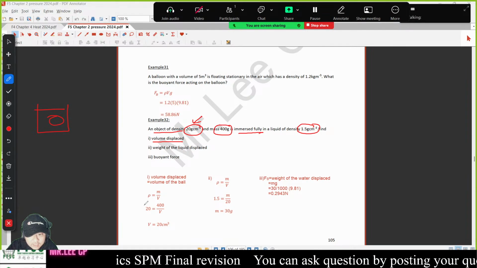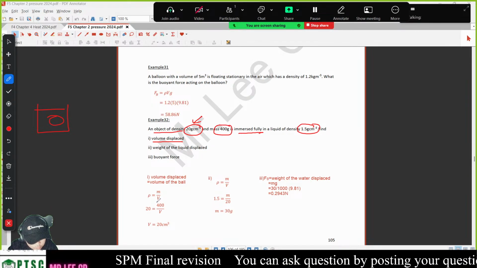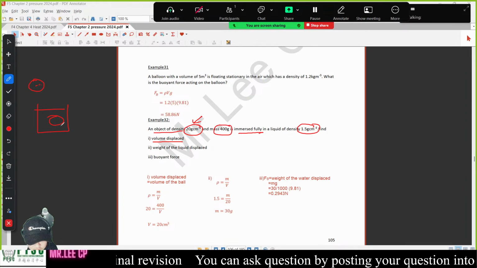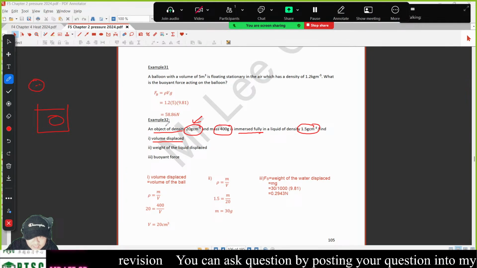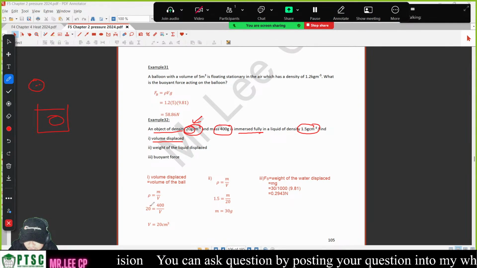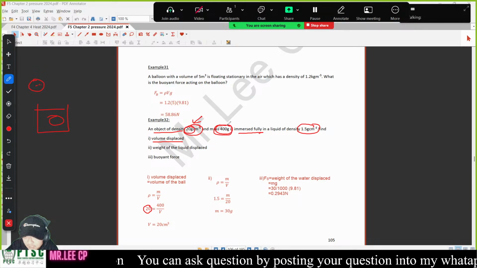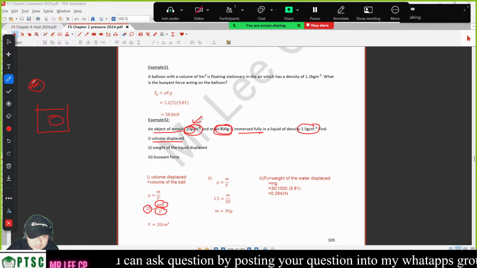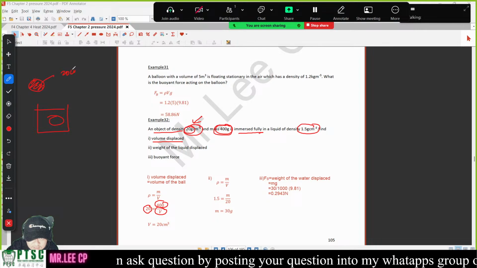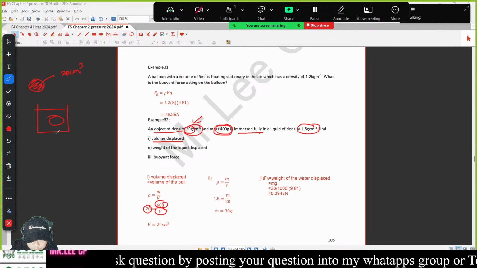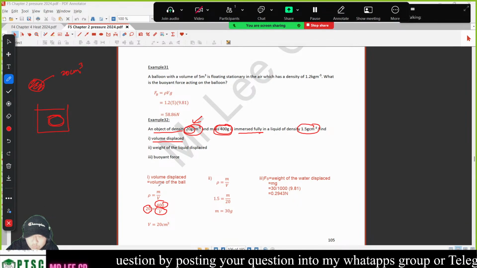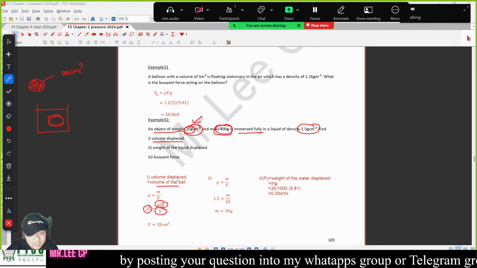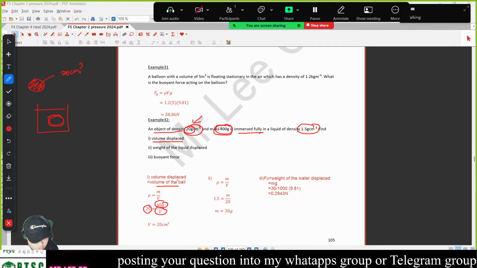So density is equal to mass over volume. Density of the object is 20, mass 400 put in, volume I don't know. Volume I found is 20 cm cubed. You put it in, so this volume displaced will be the same as the volume of the ball.